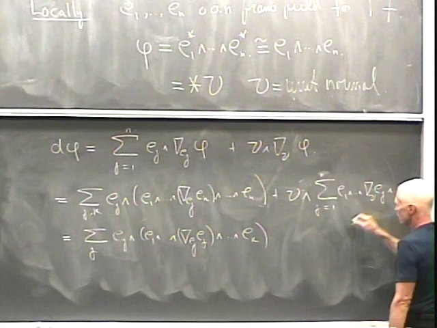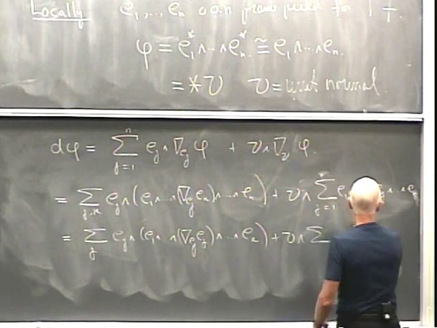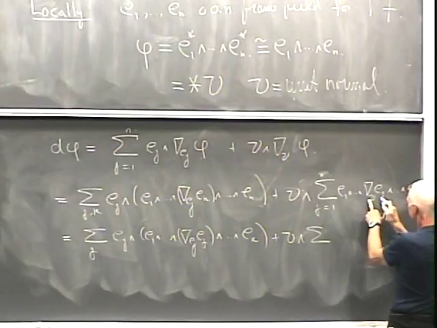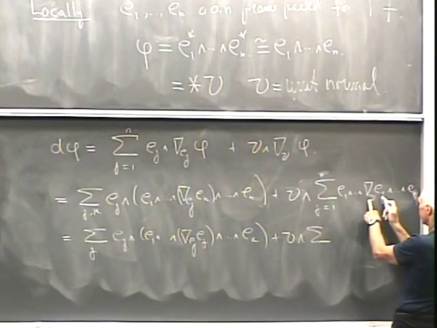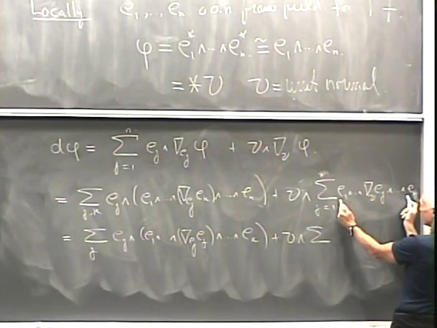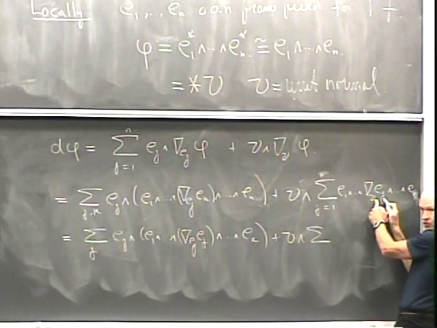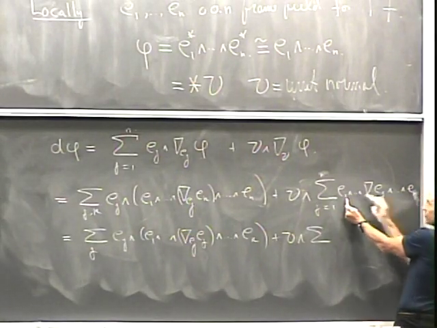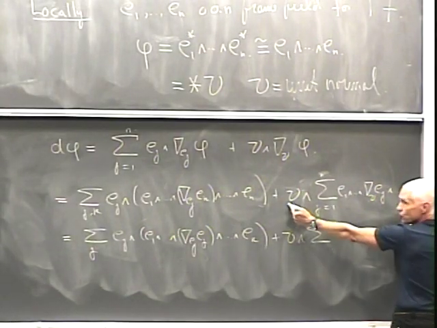Now the same thing is true here. This is going to be a sum of, now let me expand this out. This is going to have components in the directions Ej, but the only one that's going to count is the one in the Ej direction, because all the others are going to be multiplied. When you expand it in terms of an orthonormal basis, all other terms will go to 0, as will the normal term.